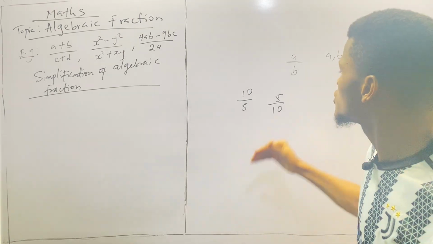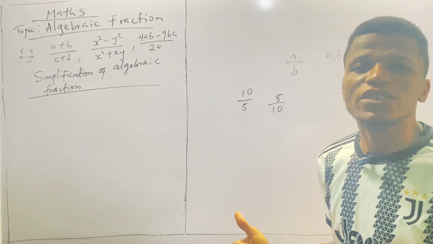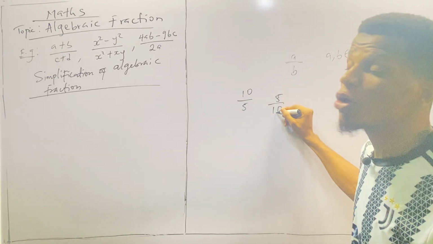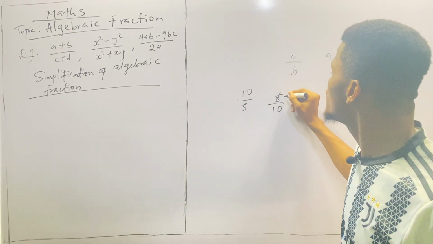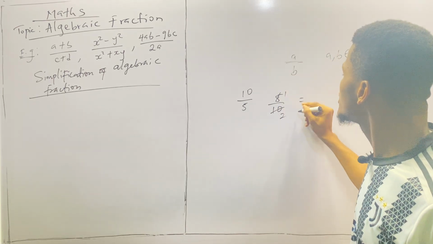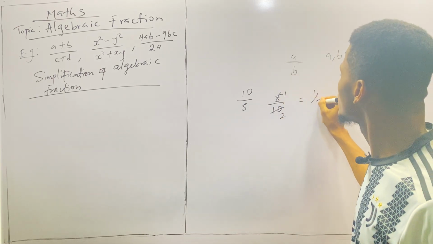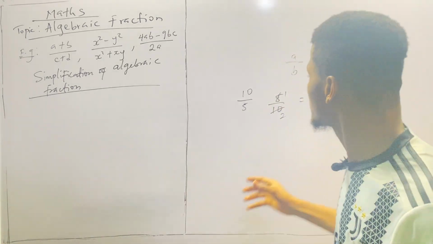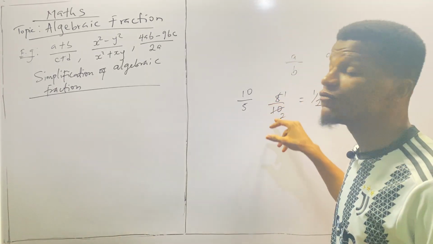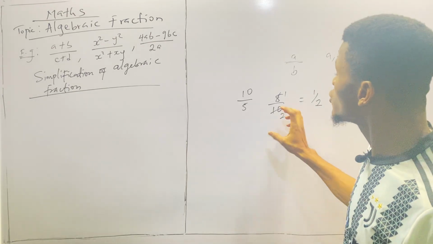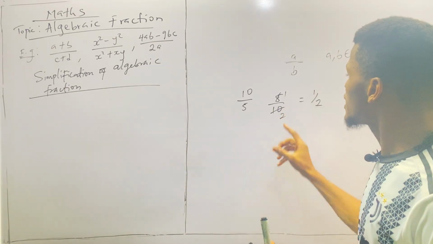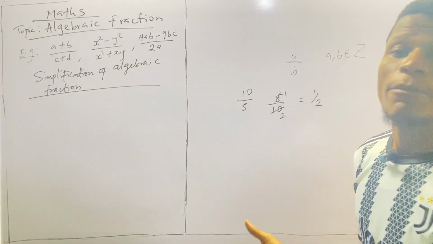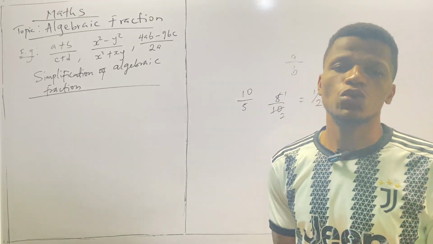The common factors between the numerator and denominator must cancel out. So here we have a common factor of 5 here and a common factor of 5 here. So we have 5 here 1, 5 here 2. So instead of writing 5 over 10, we have 1 over 2. And this is the actual simpler form of 5 over 10. So when we are in algebraic fractions, problems are given to us in this form. So we need to put it in its simplest form, and that is where the solution comes in.